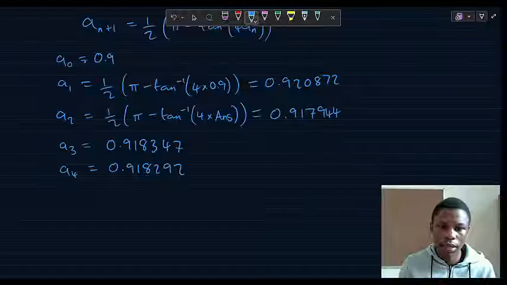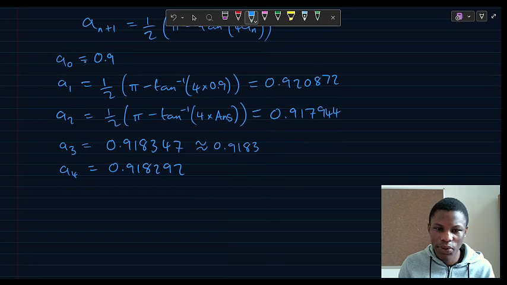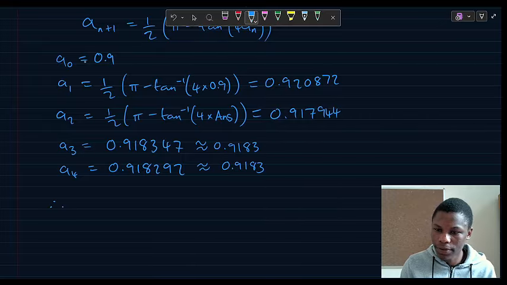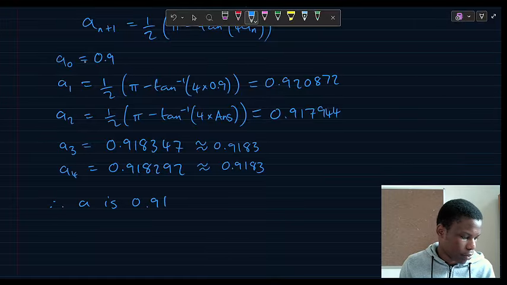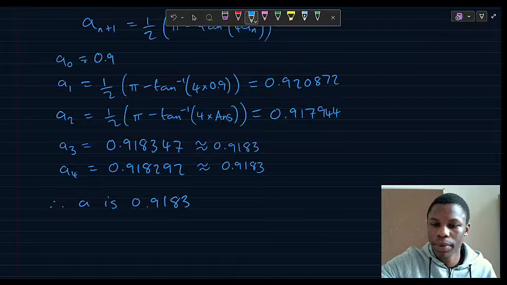Okay. This is 0.9183 to 4 decimal places. This is 0.91829, so yeah, we have our root. So a is 0.9183, and that is the final answer.